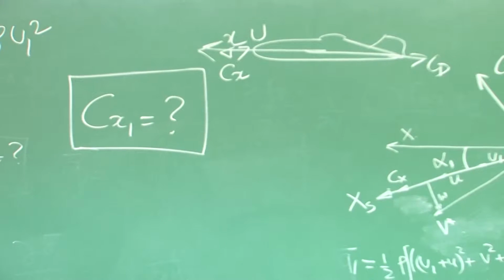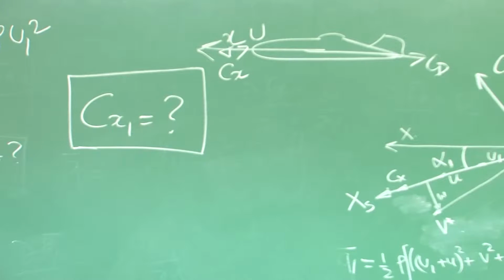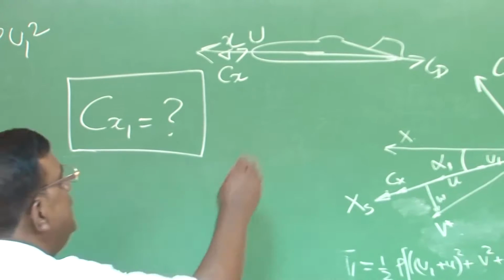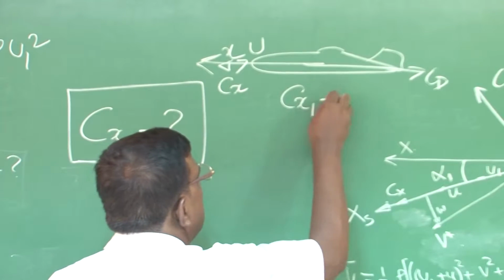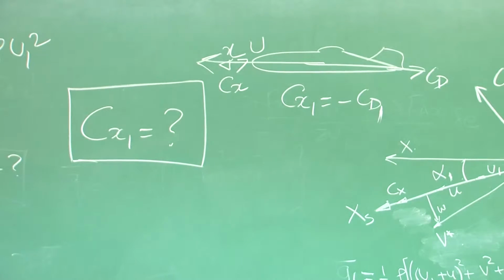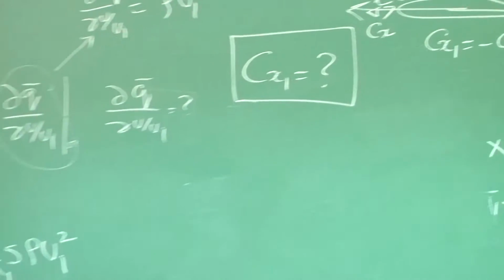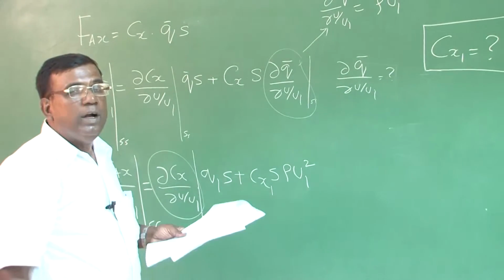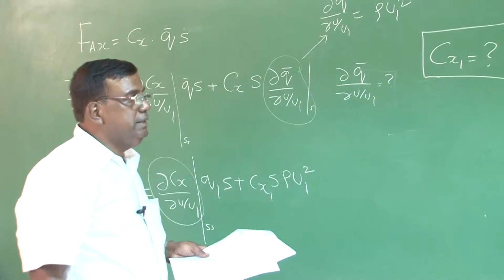If the flight was like this, the condition was like this, what would have been the Cx1? Cx1 would be nothing but minus CD or minus CD1. Right? Now let us see in a generic sense of understanding, how do I find out what is Cx1 in terms of CL and CD.